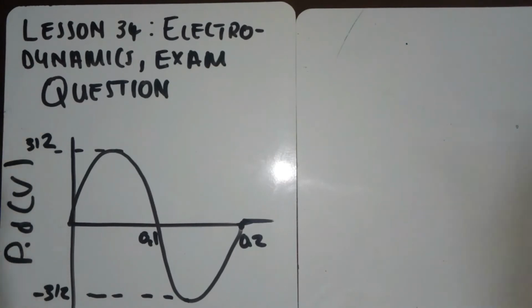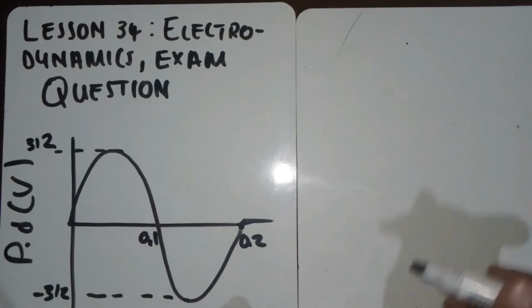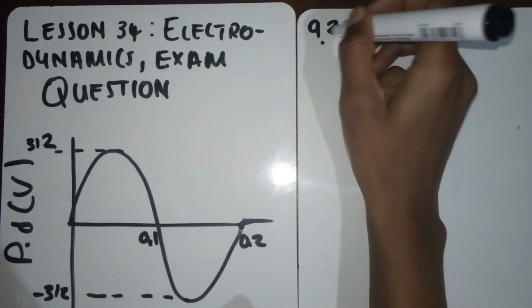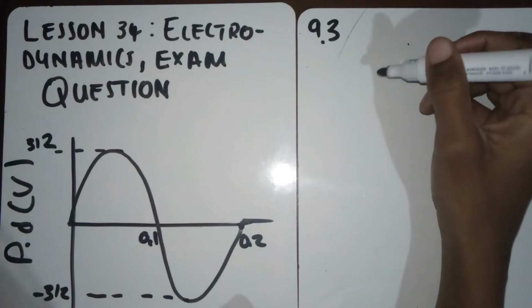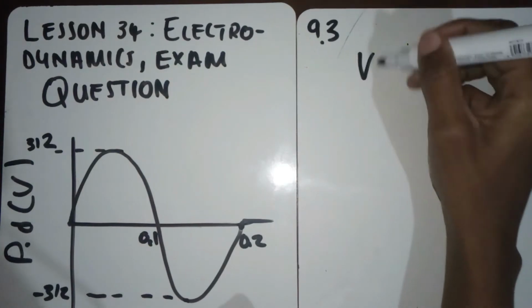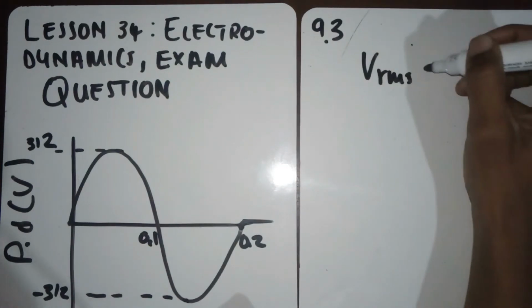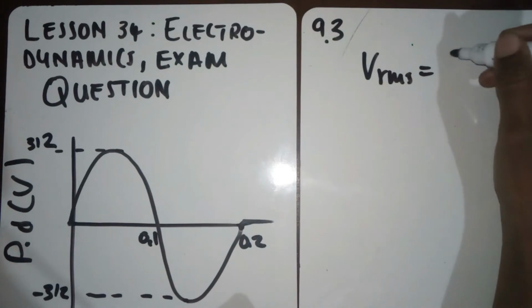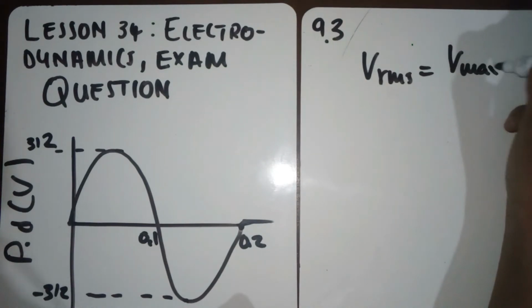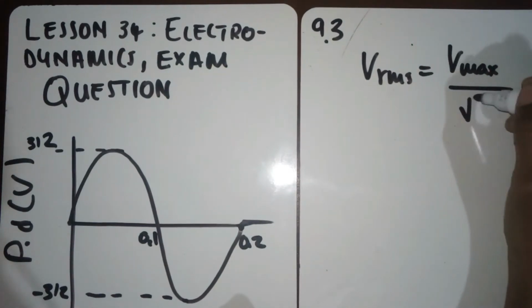So question 9.3 wanted us to calculate the root mean square (RMS) voltage for the generator. It's just a matter of remembering our equations that we studied in the previous lessons, where we said that V_rms, the root mean square voltage, is given by V_max divided by the root of 2.